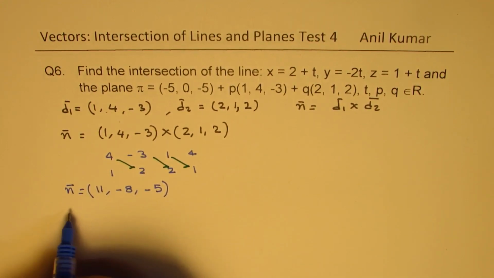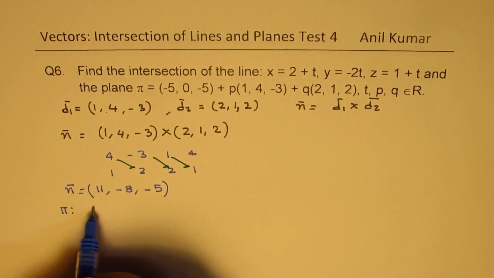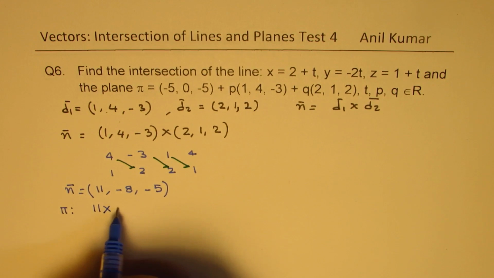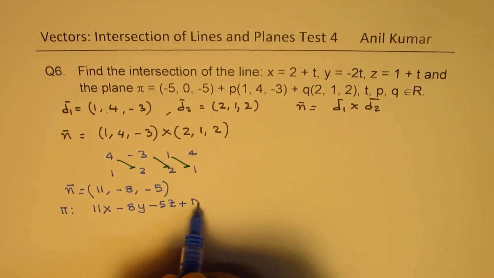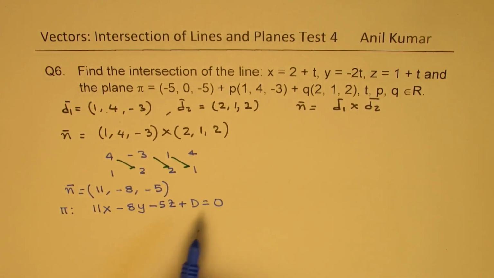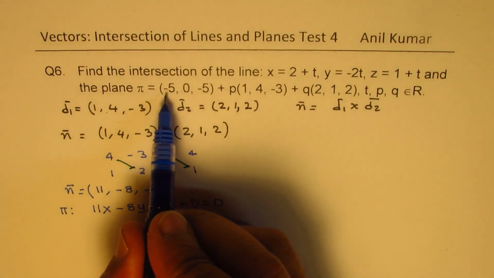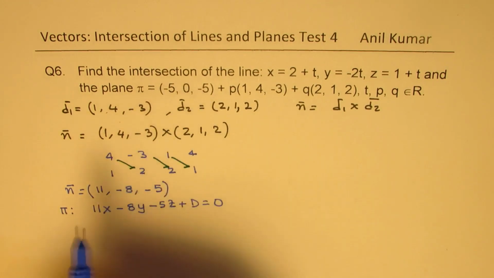Since we now know the normal vector, we could write the equation of the plane in the Cartesian form as 11x minus 8y plus minus 5z plus d equals to 0. Now to find the value of d, we'll use the point minus 5, 0, minus 5.